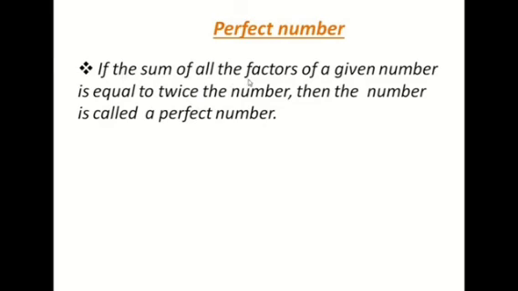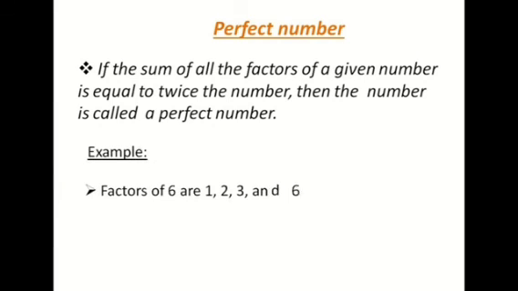The sum of all the factors of a given number is equal to twice the number. So if you get the sum of the factors as twice the number, then the number is called a perfect number. Okay. As an example, you can take 6.